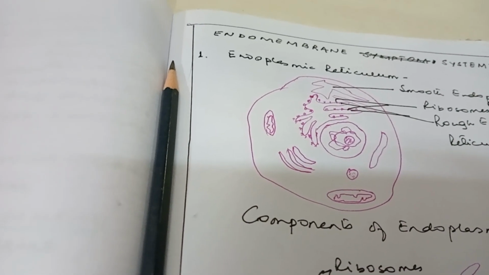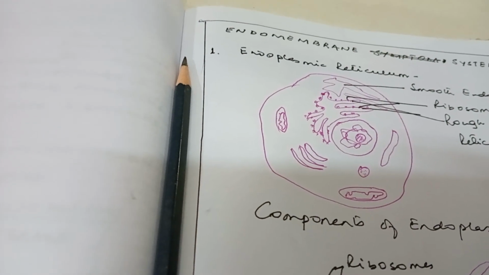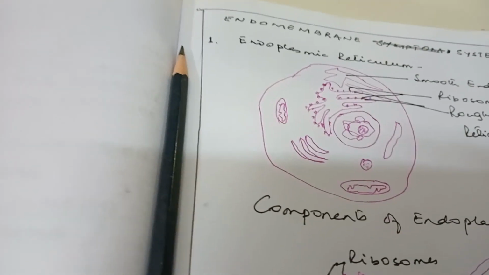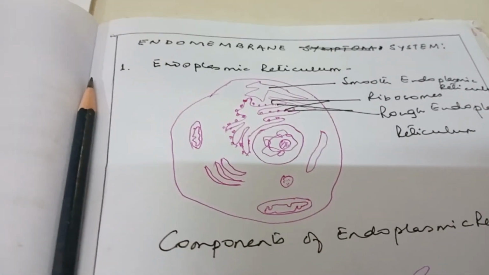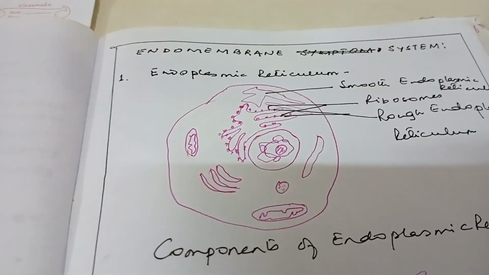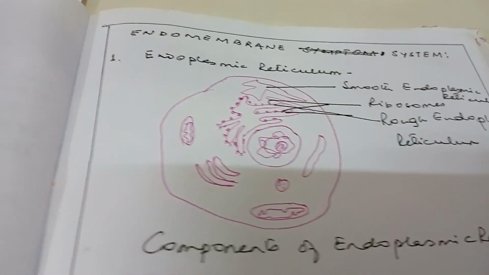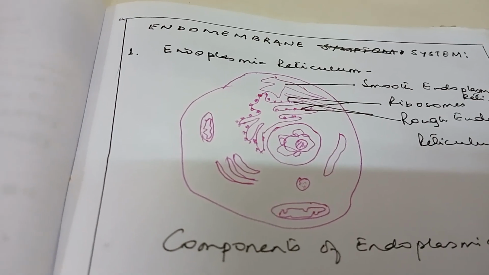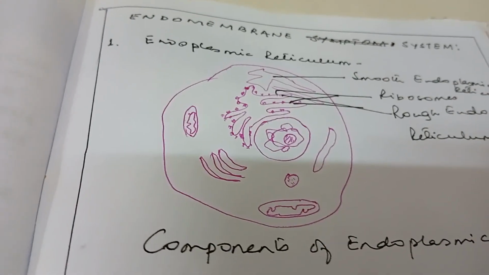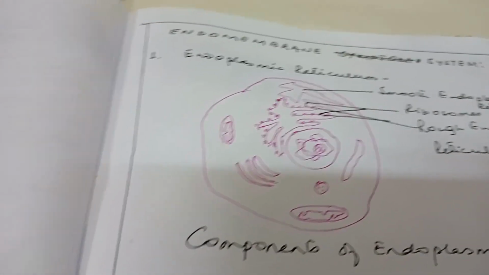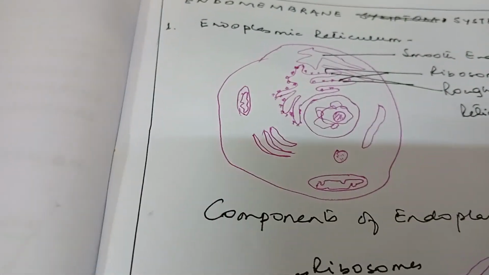It is that membrane system. It is actually composed of the different membranes that are suspended in the cytoplasm within a eukaryotic cell.